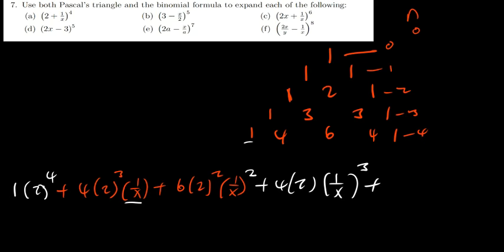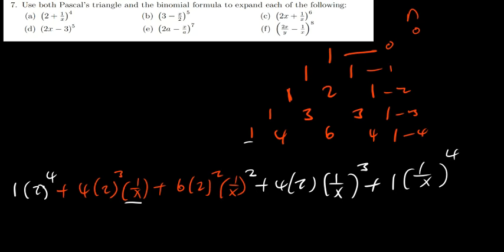Plus, the last one is going to be raised to the power 0, so I'm not interested in it, because anything raised to the power 0 is 1. So I'll say 1 over x, the coefficient first, that is the most important thing. Our coefficient is 1, so I'll say 1 over x raised to the power 4. If I simplify this, I'll end up having 2 to the power 4.